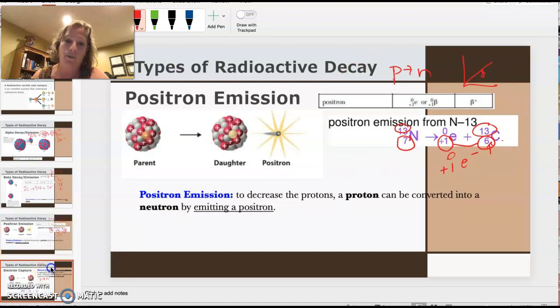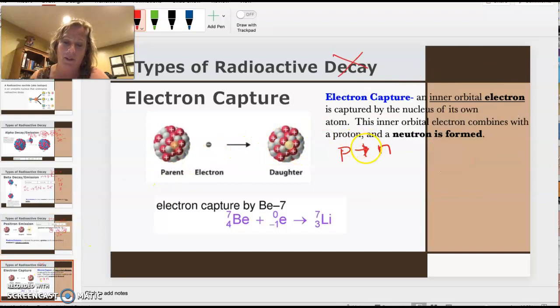So you're getting the same result, but it's a different process. It captures one of its own electrons. This is an electron now, not a beta particle, but you can't tell the difference when you're writing these. I know that's weird, but it's the only one that has something else on the reactant side.